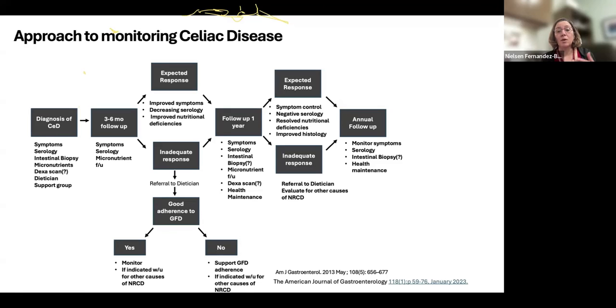If all goes well, we also have what we call health maintenance. So we keep track of bone density and nutrition.